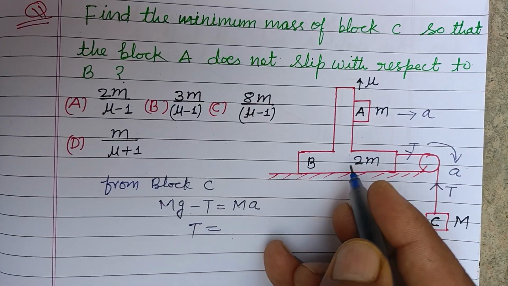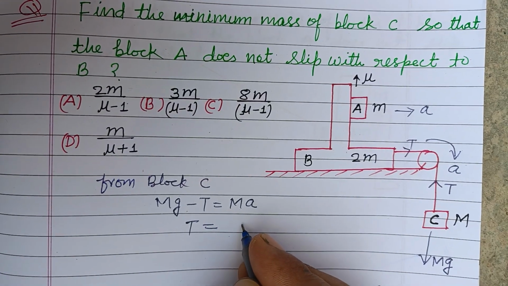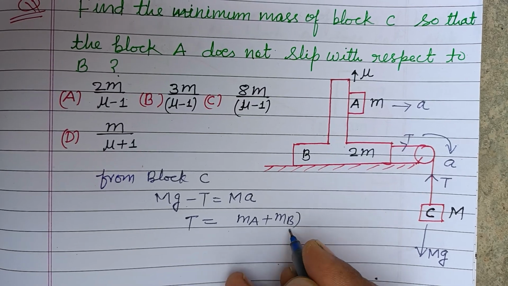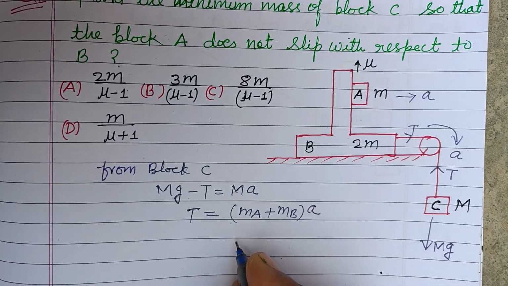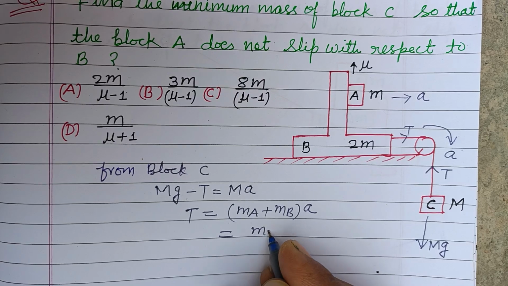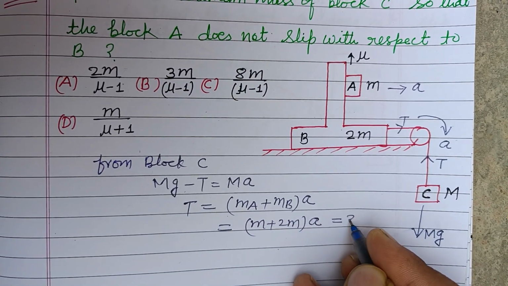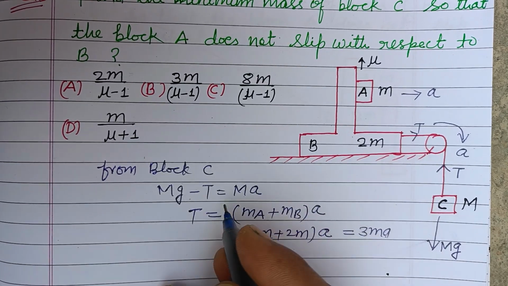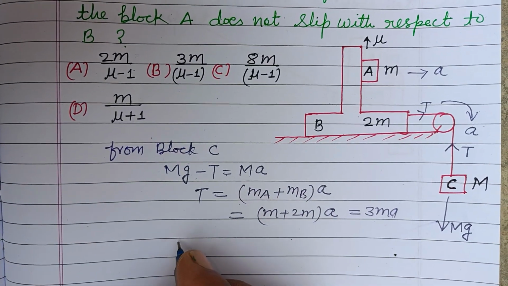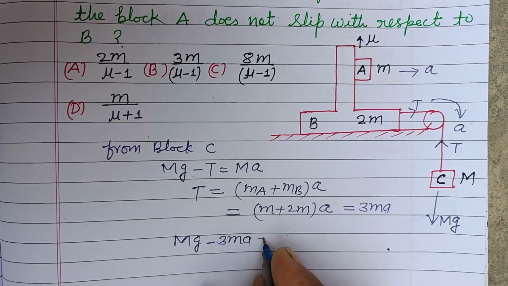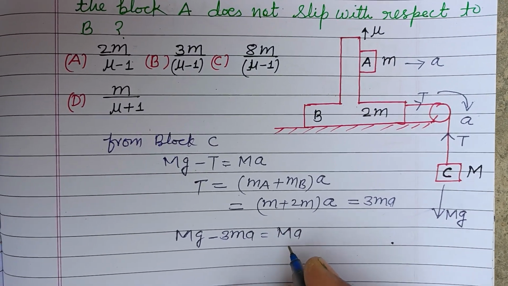So T equals the total mass of this system, so mass of A plus mass of B into acceleration, and this is m plus 2m into a, that is 3m into a. So putting this value in this, first mg minus 3ma equals capital M a.